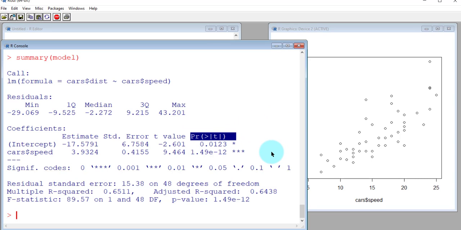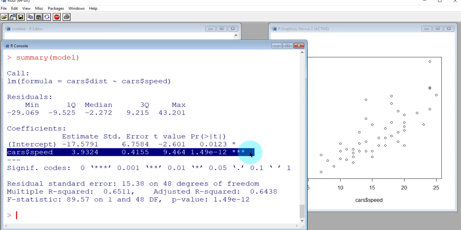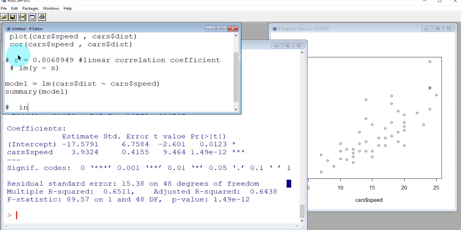Over here is what we want to focus on, the p-value for the slope. Here, the p-value is very, very small, indicating a significant non-zero slope. So I'm going to write some of this down.